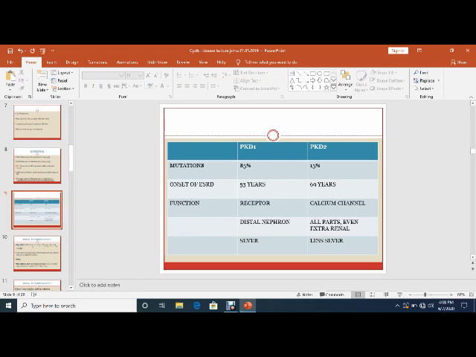The functional problem is a receptor problem in PKD1, and in PKD2 it is a calcium channel problem. PKD1 usually arises from the distal nephron, and PKD2 can occur in all parts, even extrarenal. So PKD1 has the severe form and PKD2 has the milder form.